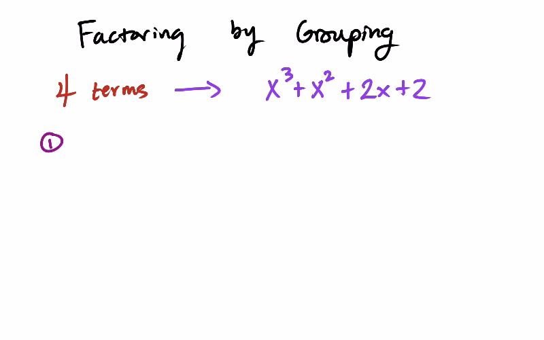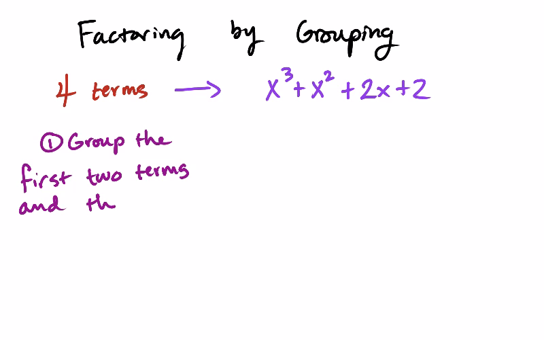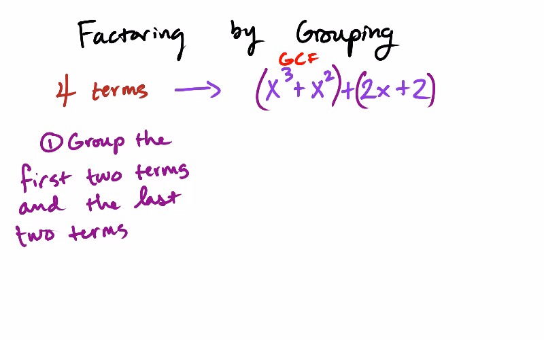So what we're going to do is group the first 2 terms and the last 2 terms. So we're going to group the x cubed and the x squared, and we're going to group the 2x and the 2. And then after that, we're going to take out the GCF in each parenthesis.